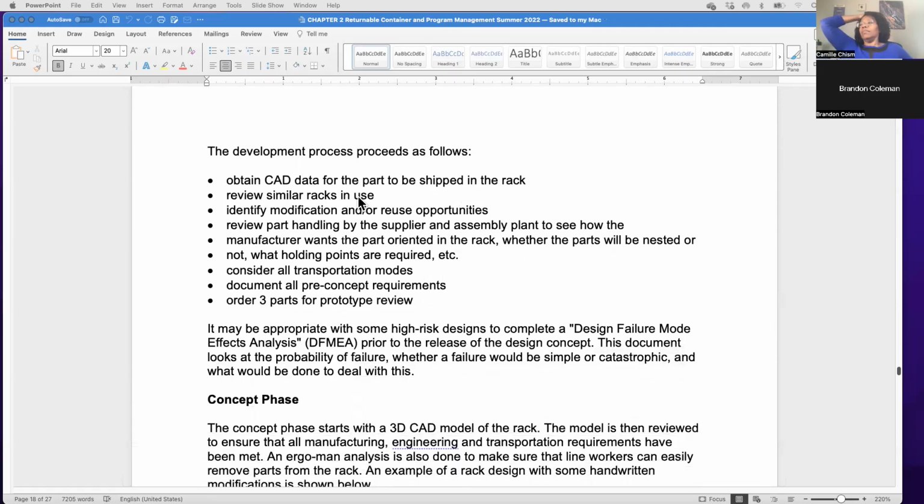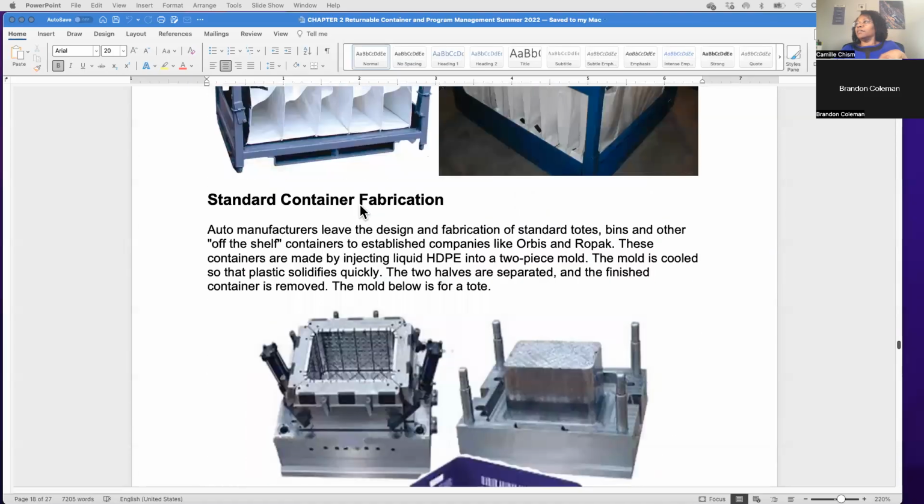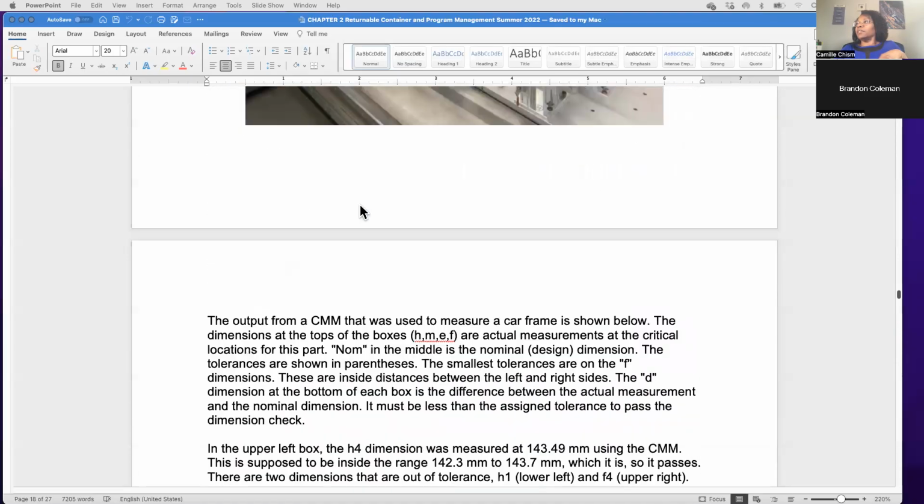Okay, so here's some bullet points for the development process. Getting that CAD or that math data, looking at other racks that are already in use, and trying to leverage that same design or something similar, because for one, your facility will be used to that style of rack.